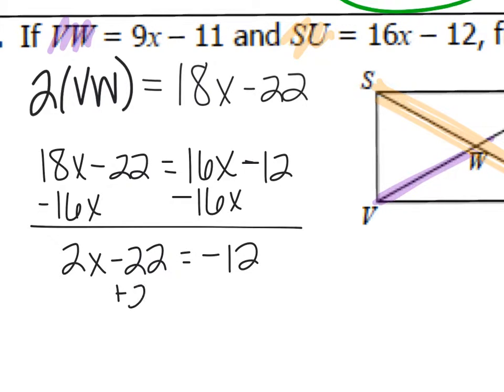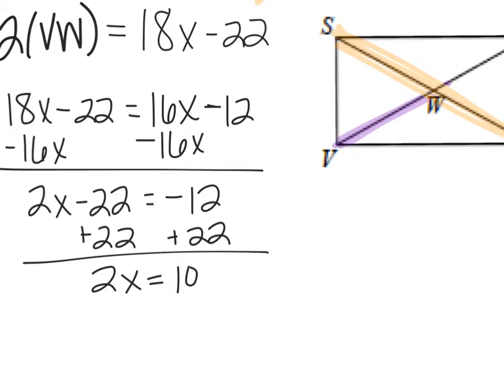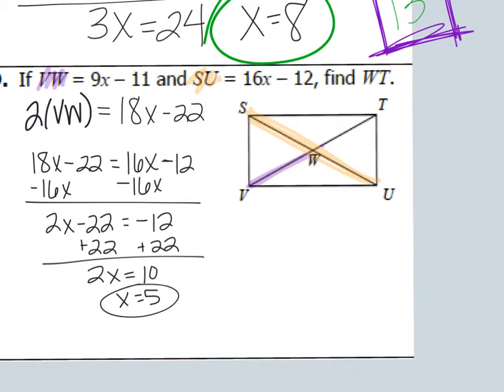So if I add 22 to both sides, I get 2x equals positive 10, which means x equals 5. So again, awesome, but it's not what they're asking me to solve for. They want me to find WT, which is half of VT. So if I can find the whole VT, I can take that number and divide it by 2.